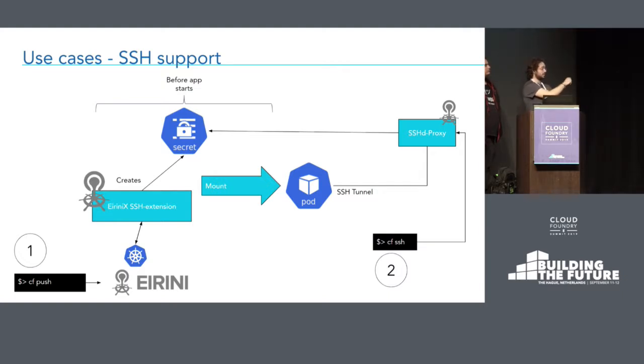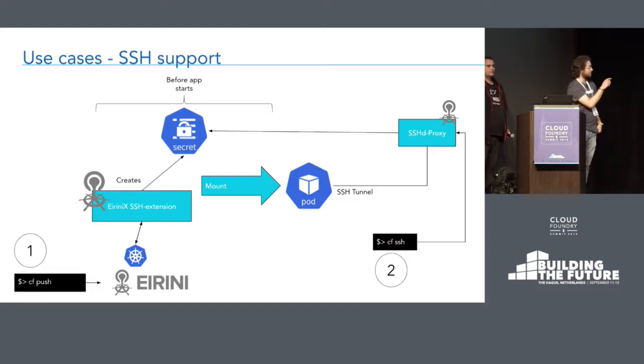Of course, the pod in this case has an SSHD daemon started inside as well. Otherwise, we couldn't connect to it, right? And what happens when we actually want to SSH with the CF CLI? On the other side, there is a user just typing cf ssh as usual. It's going to contact a special version of SSHD Proxy.